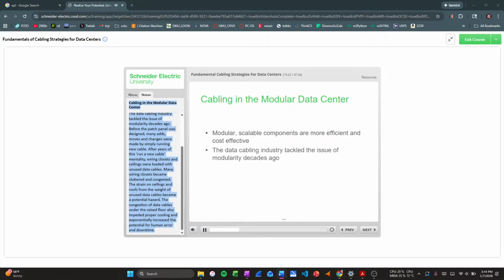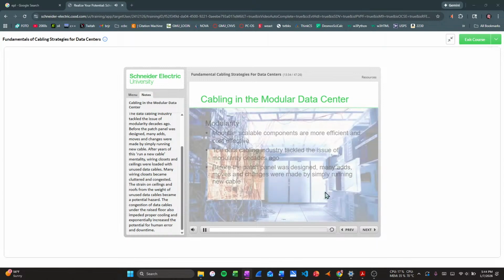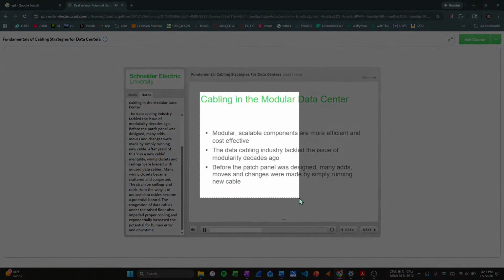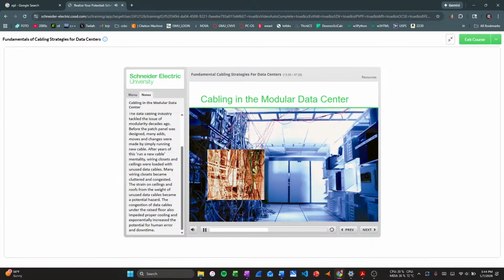The data cabling industry tackled the issue of modularity decades ago. Before the patch panel was designed, many adds, moves, and changes were made by simply running new cable. After years of this run-a-new-cable mentality, wiring closets and ceilings were loaded with unused data cables.